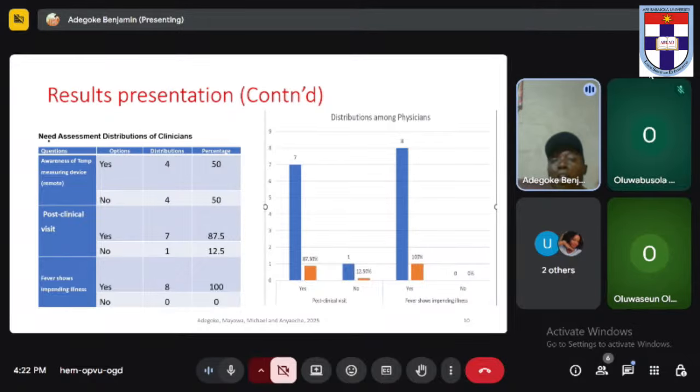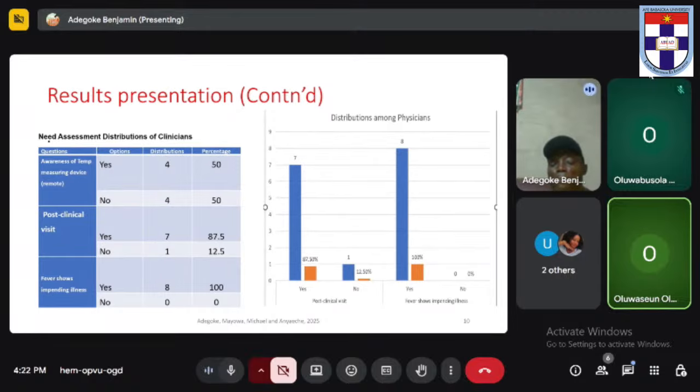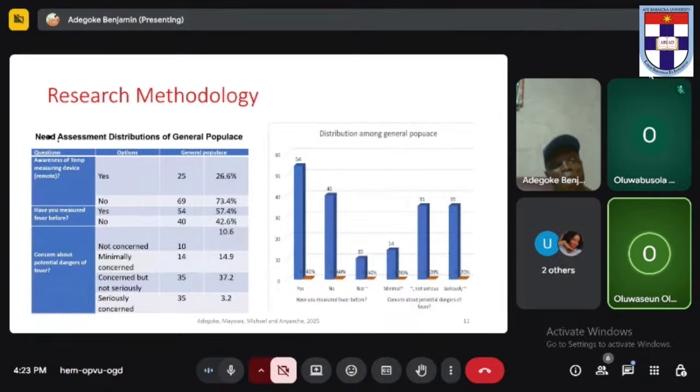Also, all the clinicians agree that fever is a forerunner to many health issues, whether high blood pressure or diabetes. Your temperature will first rise. All of them agree to that.